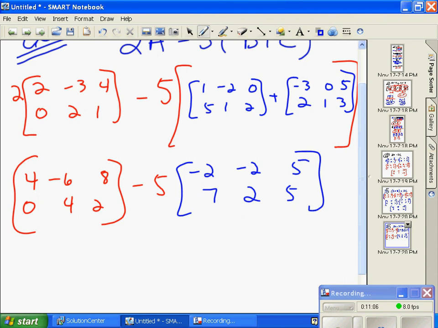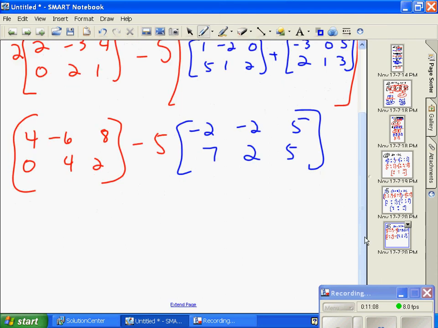Now, what I'm going to do is just do one step at a time. I'm going to change that to plus a negative 5. So that second matrix is going to be multiplied by negative 5. First matrix stays the same.